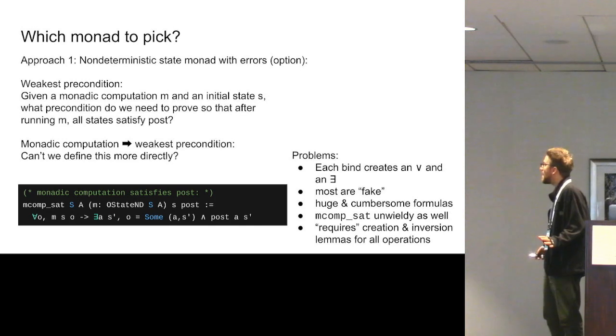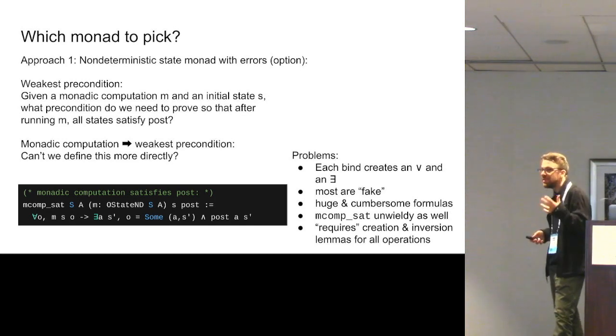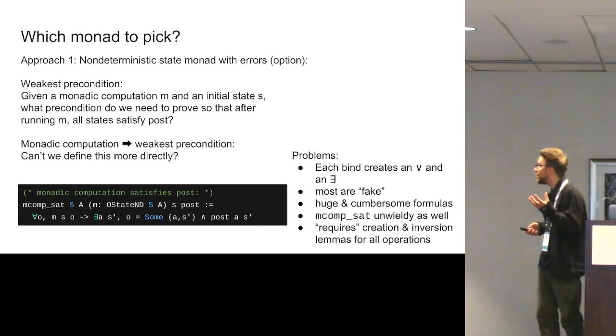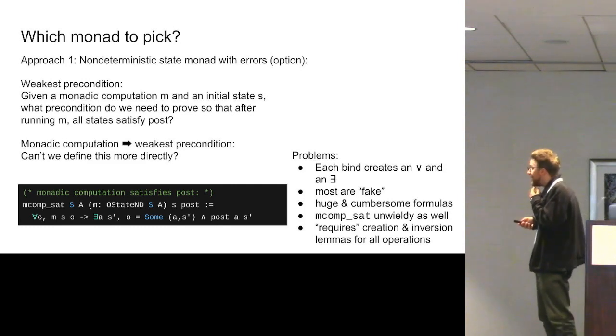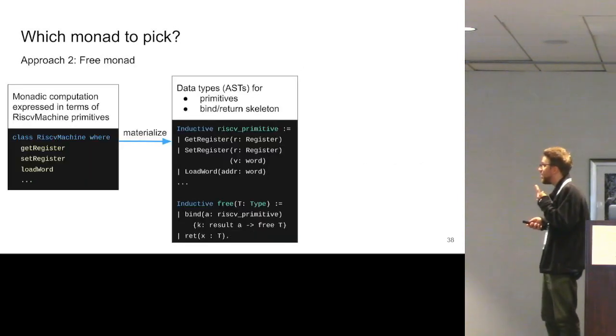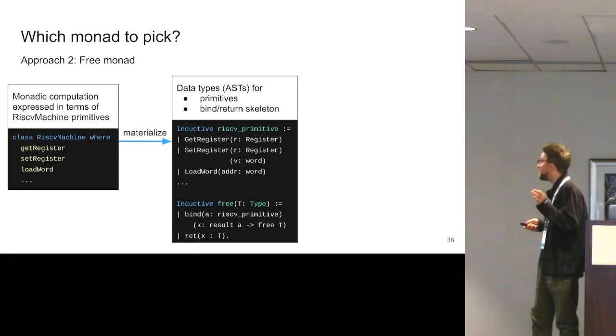And then the question is, well, given that all we need or want is weakest preconditions, can't we define this more precisely, more directly? And it turns out that yes. So the second approach, which we tried and liked much better, is based on free monads.